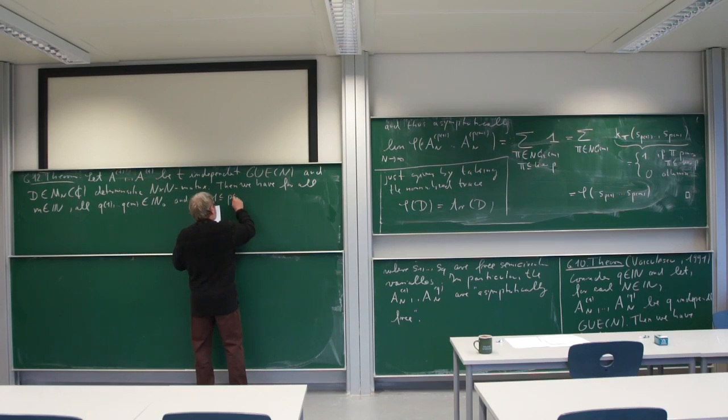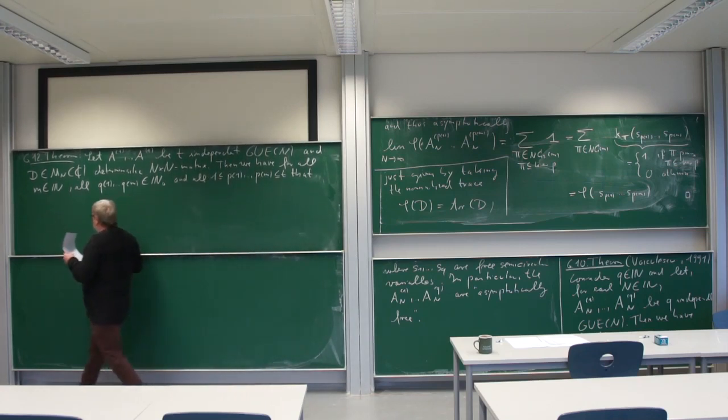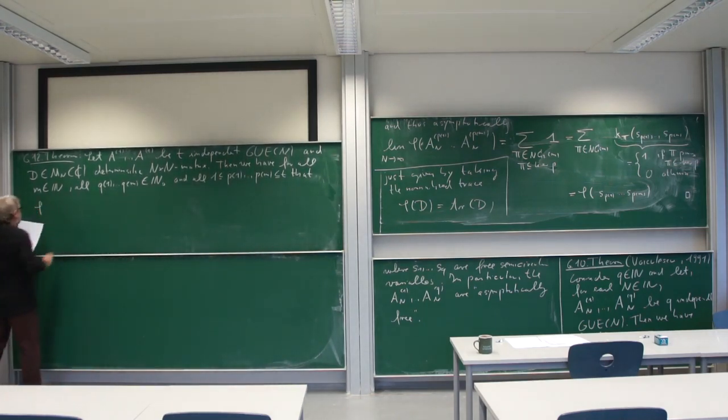So I have p1 up to pm, each between 1 and T. And so what am I looking at? I should look at products of the A's and the D's.